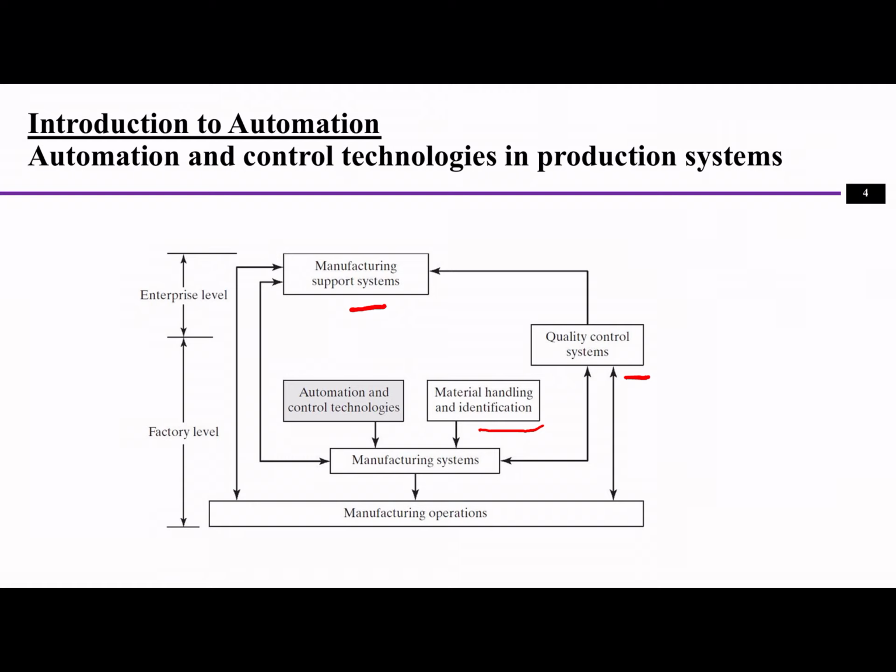And the most basic ones are the manufacturing operations. Other than those, automation also plays an important role in manufacturing systems. So this is how manufacturing automation works with other functions to make production happen in a manufacturing company.